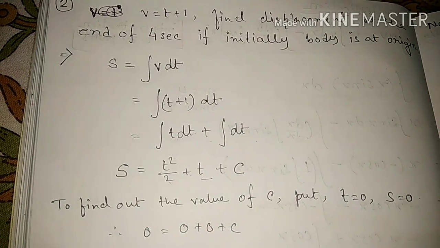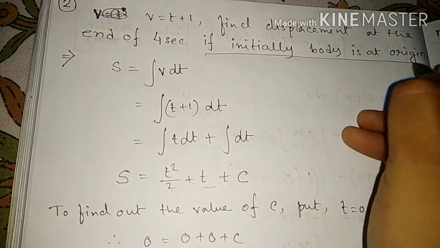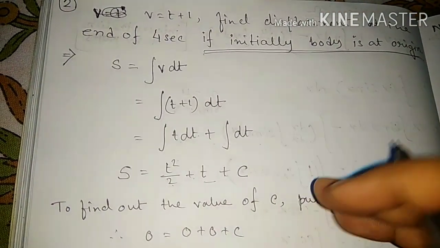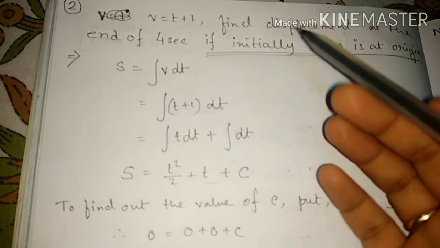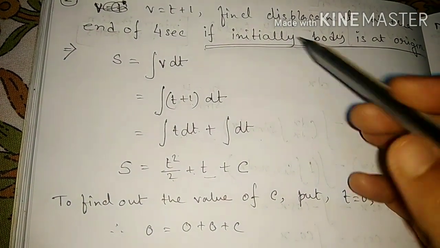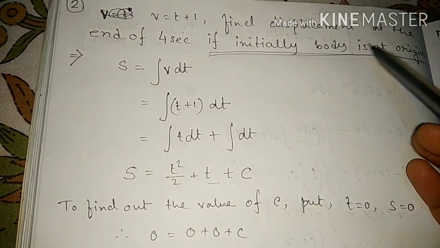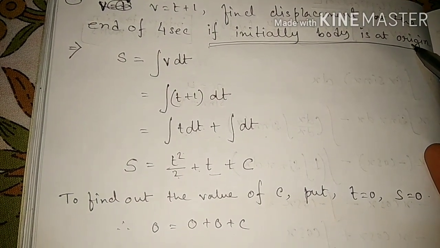Now to find the value of c, we use this information. How do we find the value of c? Otherwise we cannot find the displacement at the end of 4 seconds. So what information is given? Initially the body is at origin, and at origin means 0, 0.